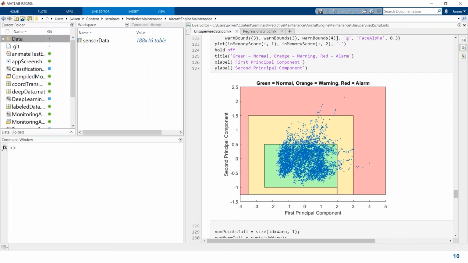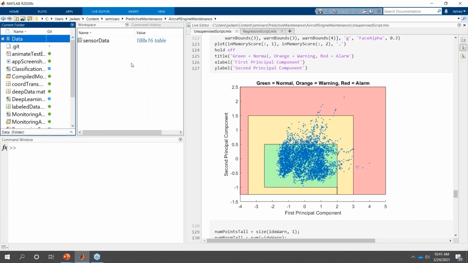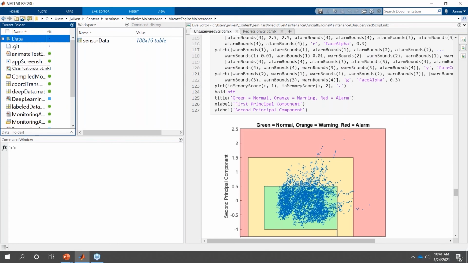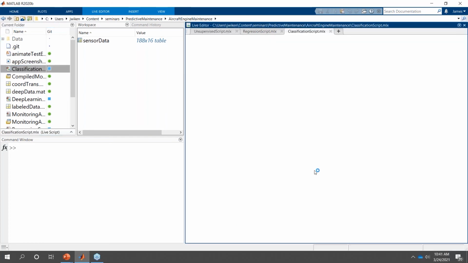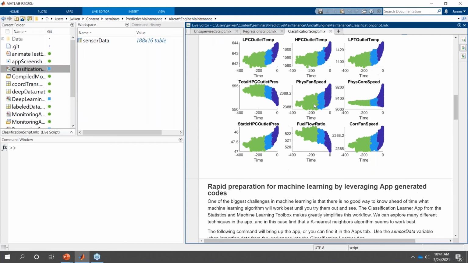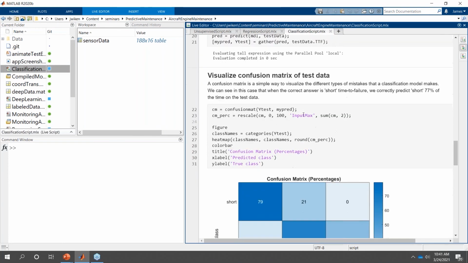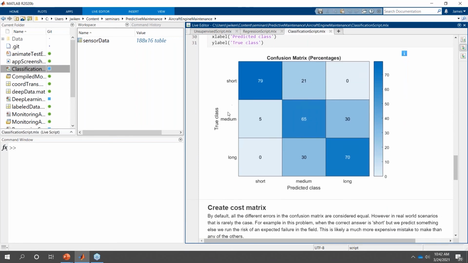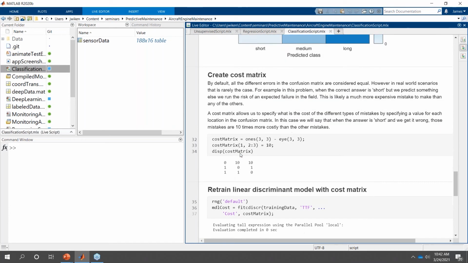So we're not going to do this today, but when you receive the content for this webinar, there is another script in here called the classification script, and that goes through using the labels we just generated in order to build a classification model so that we can actually make a prediction on that sensor data of whether it has a short, medium, or long time until failure.